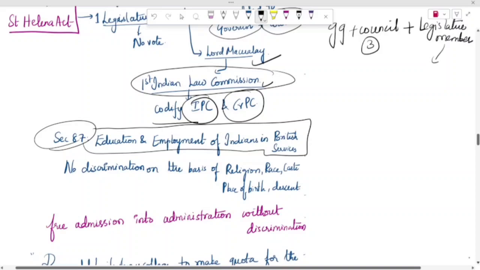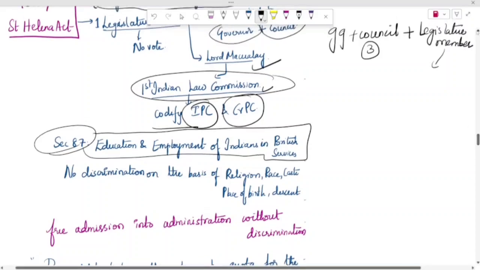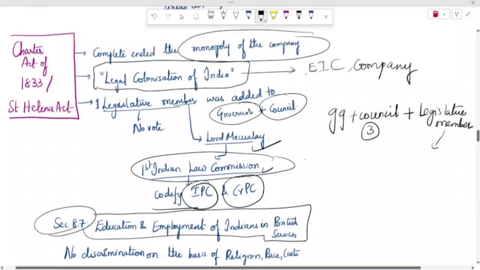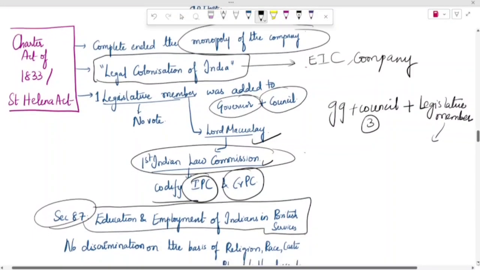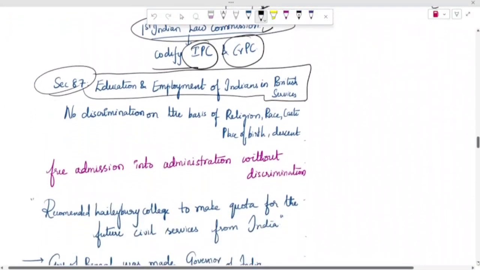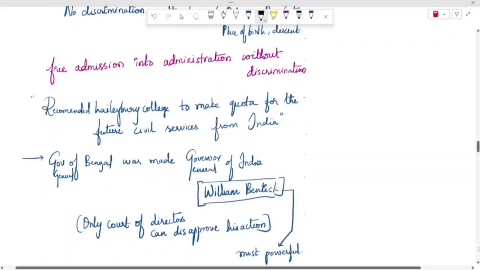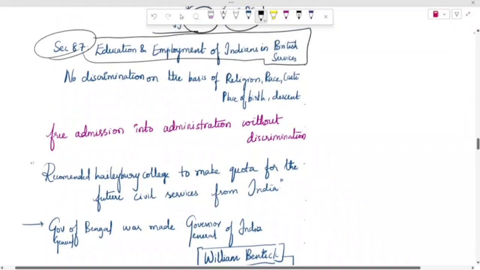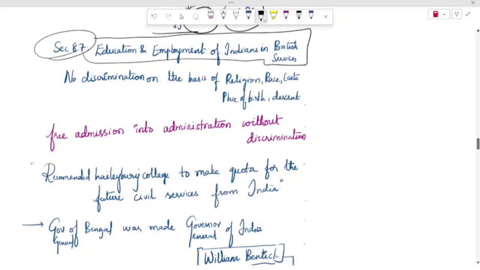The 1813 Charter Act gave 1 lakh from Indian revenues to educate Indian masses, but it didn't clarify. But Section 87 also spoke about employment, education and employment. Then free admission into administration without discrimination. It is nothing but about this only.